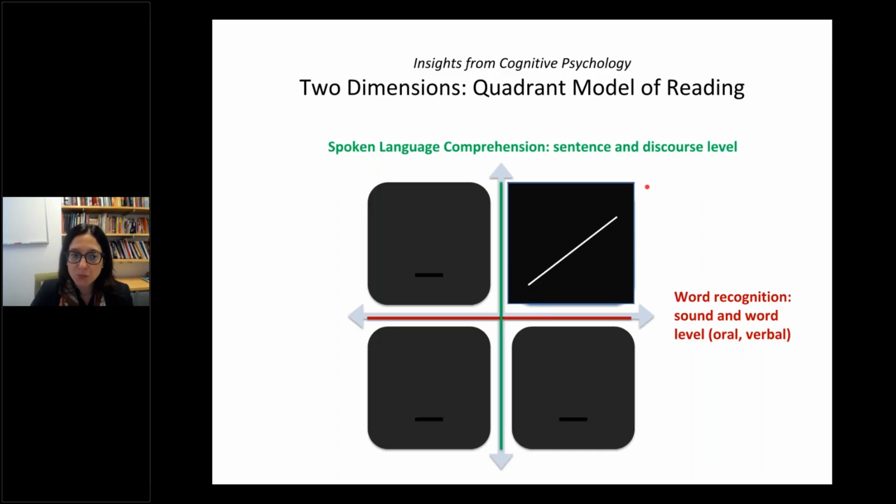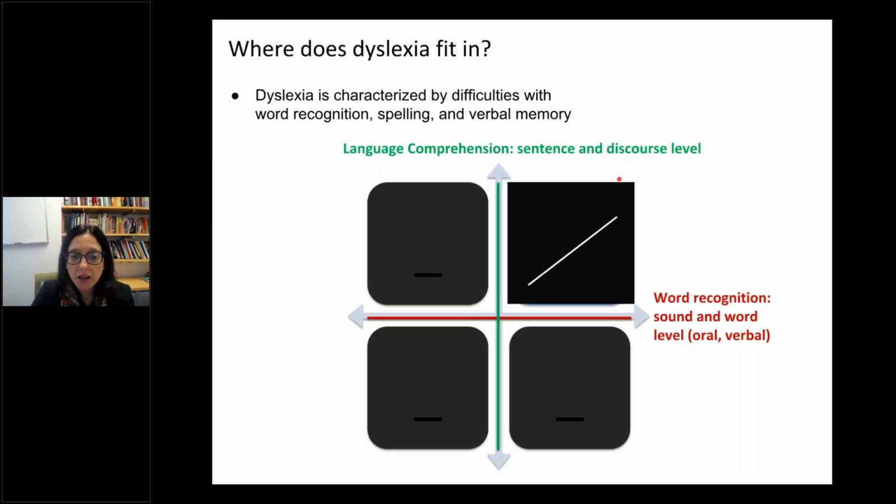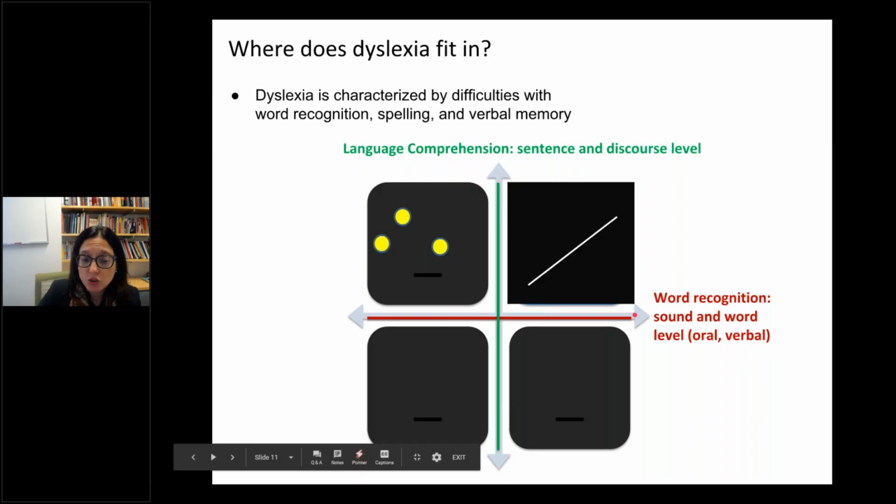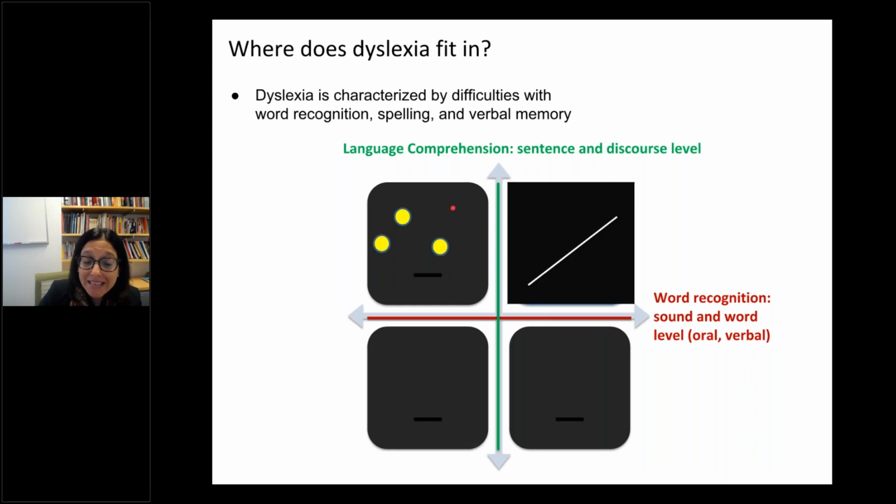So usually at this point, people ask, where does dyslexia fit in? If we think about dyslexia, it's usually characterized by difficulties with word recognition, spelling, and verbal memory, not so much with language comprehension. So if you think about this graph where the x-axis is word recognition and the y-axis is language comprehension, dyslexia usually shows up over here, meaning that kids have really high language comprehension, but really low word recognition.